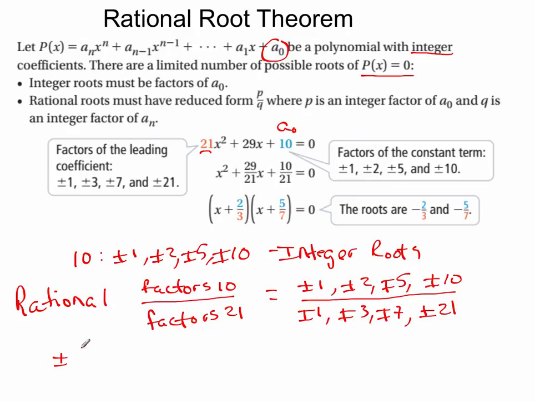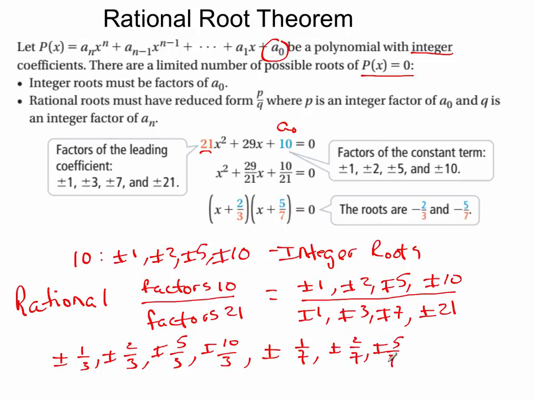So plus or minus 1/3, plus or minus 2/3, plus or minus 5/3, plus or minus 10/3, so that took care of the thirds, let's do the sevenths, plus or minus 1/7, plus or minus 2/7, plus or minus 5/7, plus or minus 10/7.